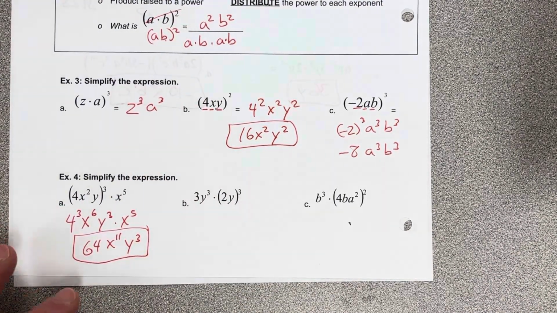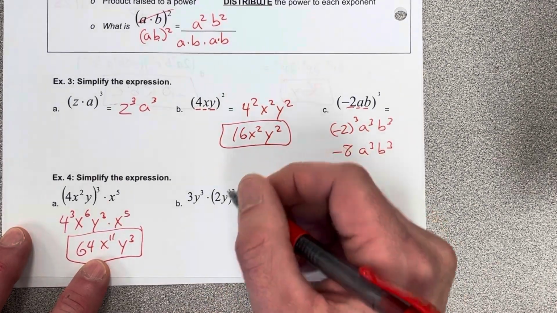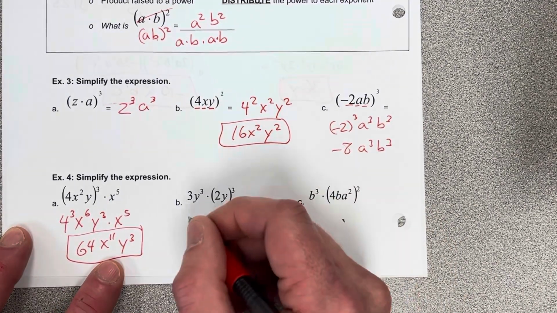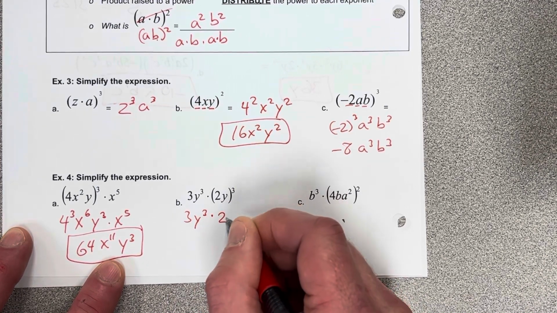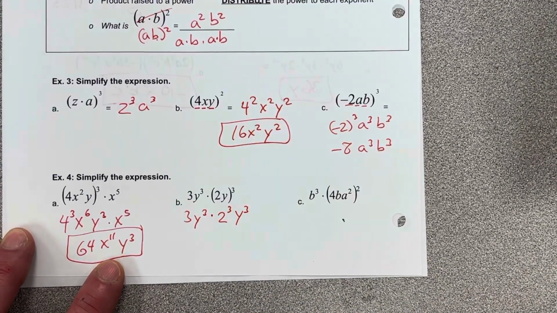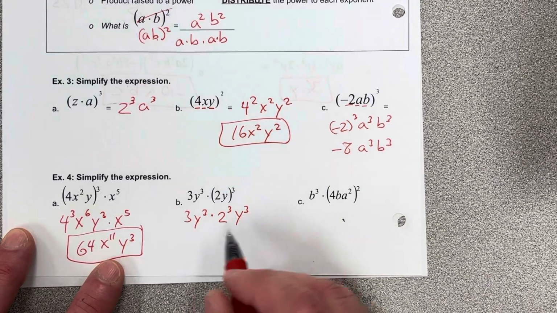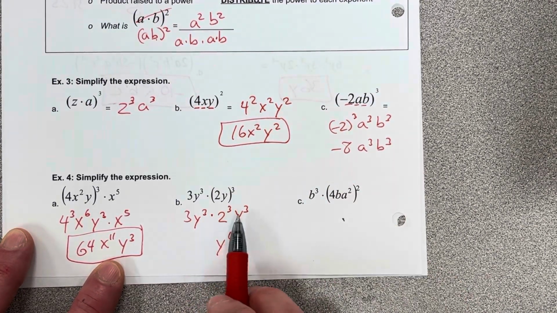Okay, on this next one, we're kind of stuck here, but over here, we can do the power of a product again. We'll have 2 to the third, y to the third. And then we're kind of stuck here. I see the y's will combine. I'll go ahead and do that. Those will combine to make 6. Add those up.